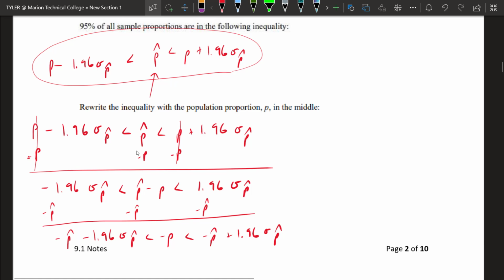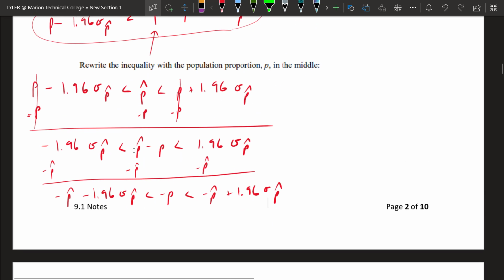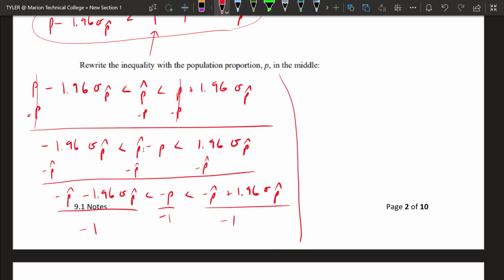So I'm almost there. I almost have p by itself, but I have a negative p. So I'm going to divide everything by negative 1. And as I mentioned, we have to flip the inequality symbols. So instead of being less than, I need them both to be greater than. What's left in the center, negative p divided by negative 1, is just p.